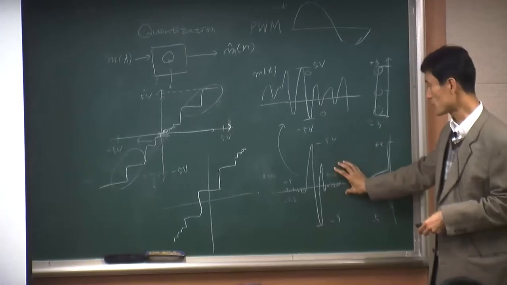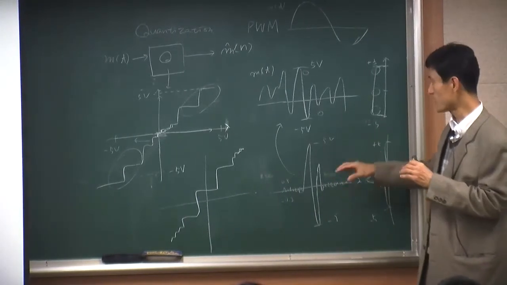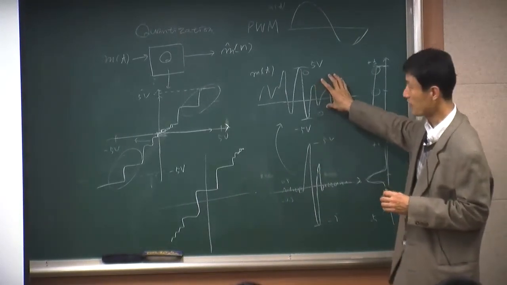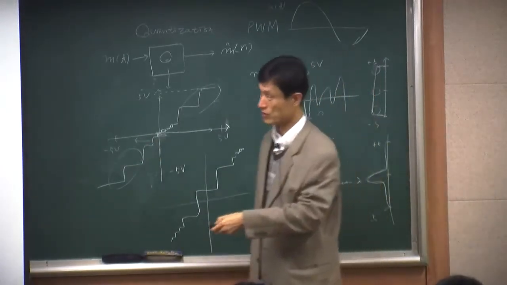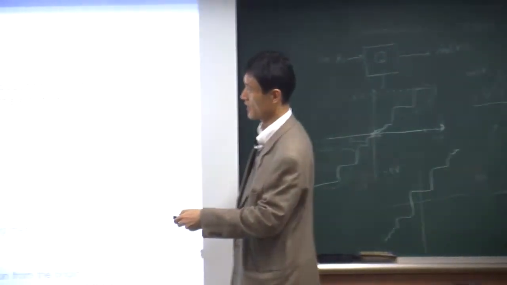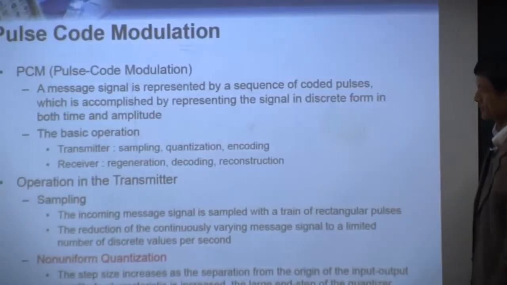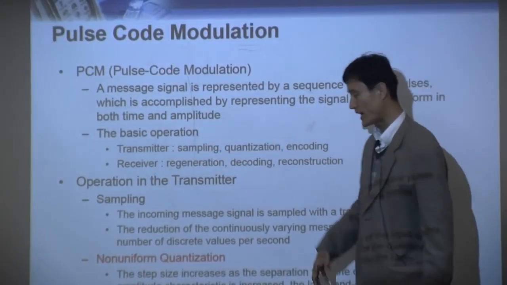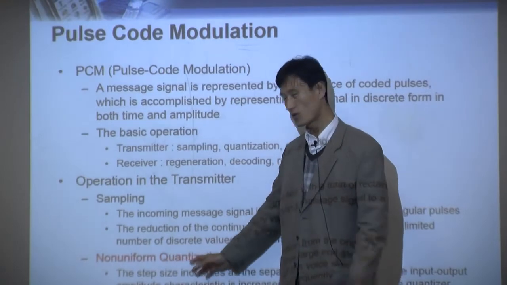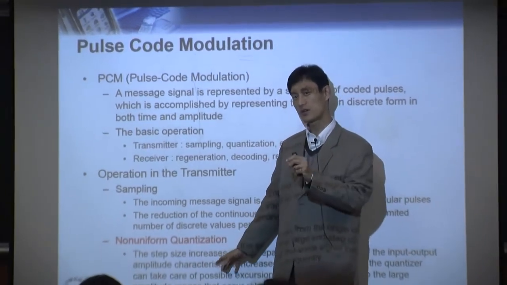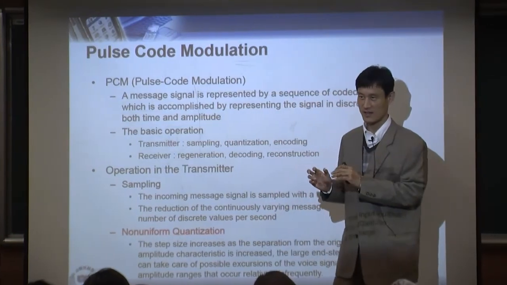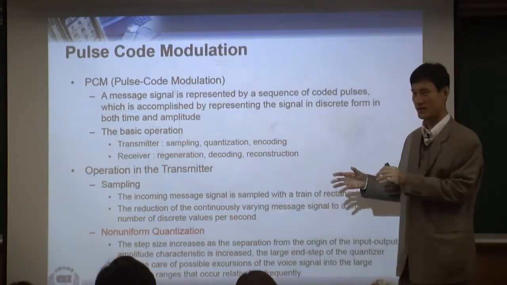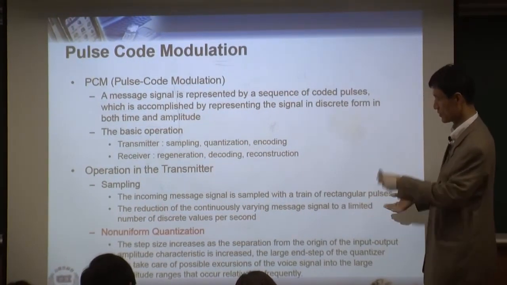We convert it this way, and then put it into the uniform quantization. That's what we are trying to do in PCM. So we are not actually making non-uniform quantization hardware. The hardware is uniform quantization, but we are mimicking, pretending to use non-uniform quantization.